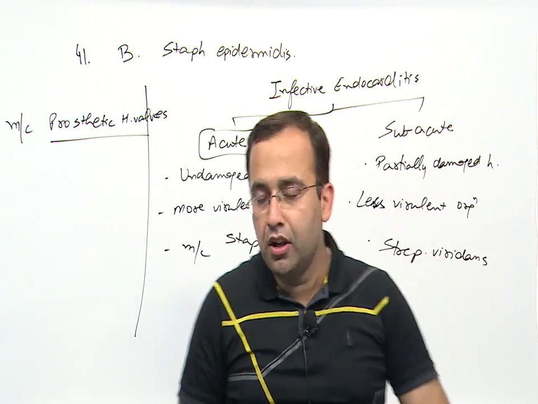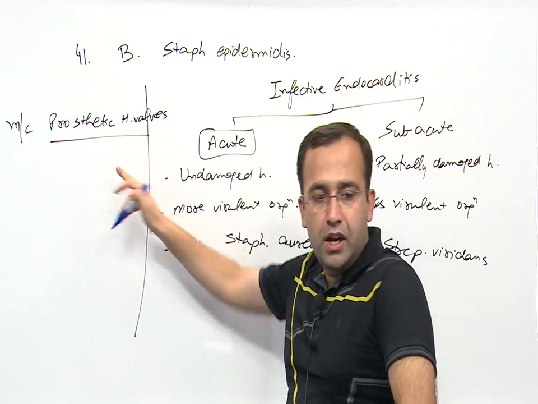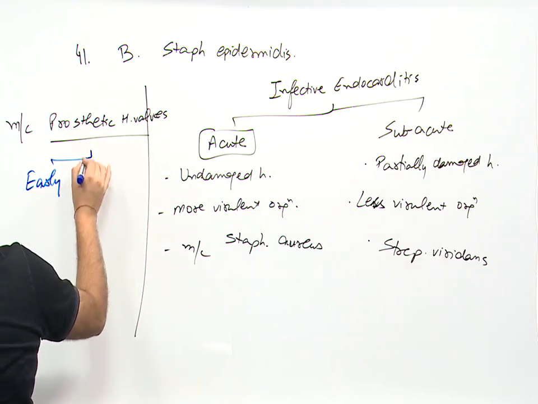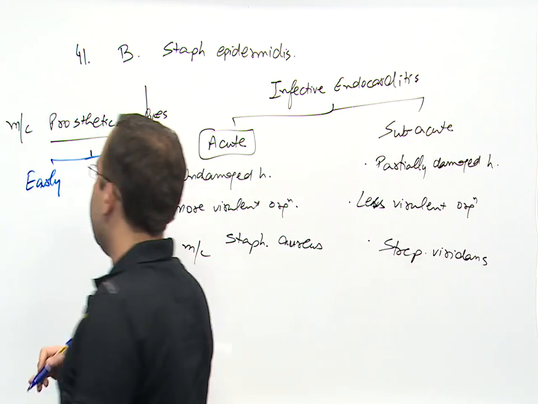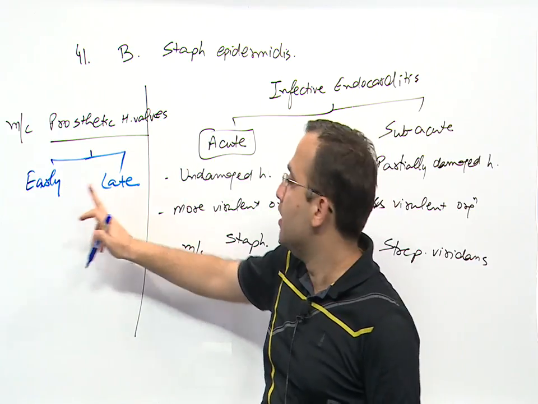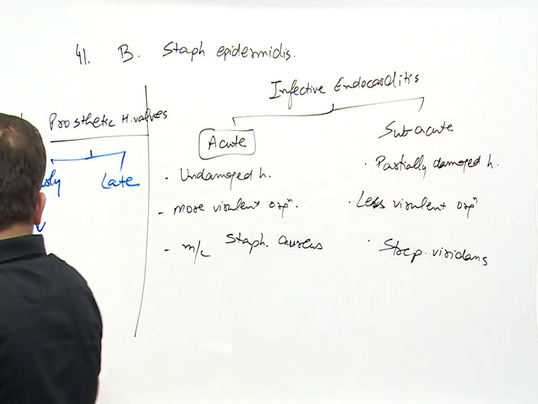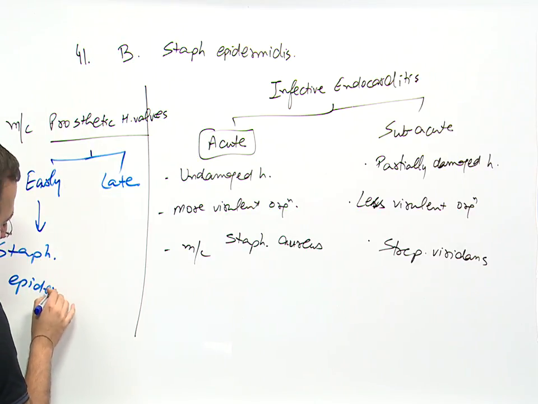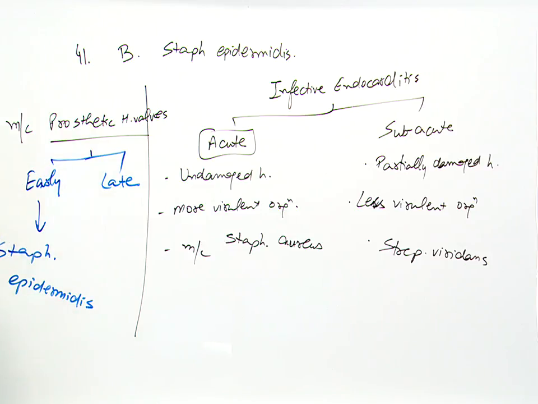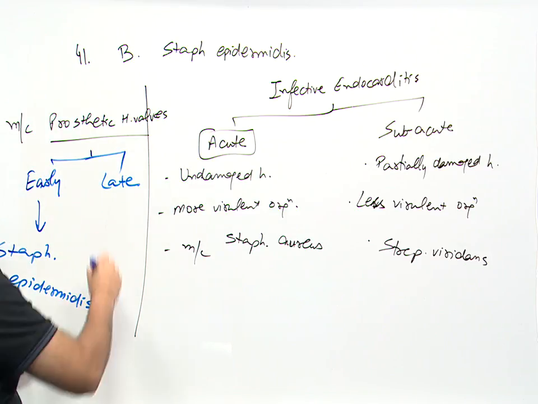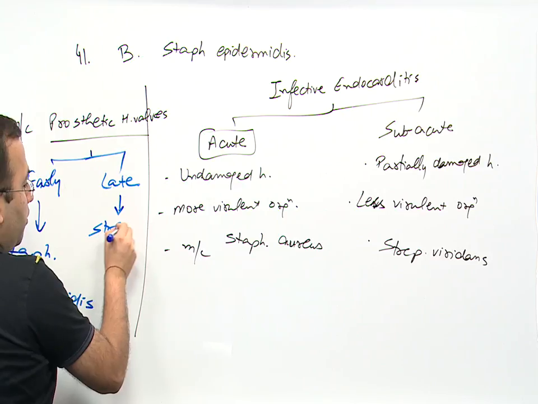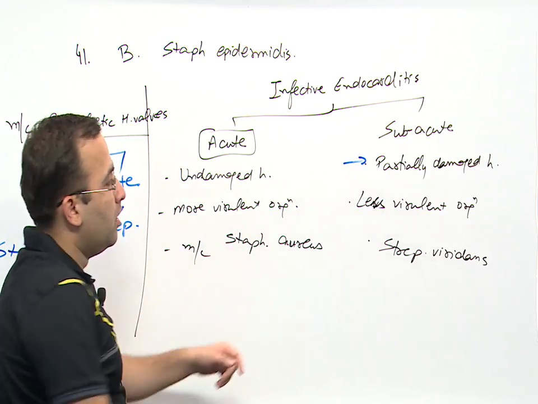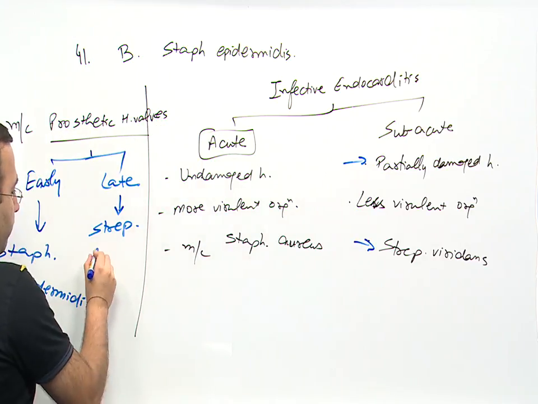I can divide prosthetic heart valves into two types: early prosthetic heart valves and late prosthetic heart valves. Most common organism after early prosthetic heart valves is Staph epidermidis, whereas after late prosthetic heart valves, this is the same as a partially damaged heart, that is Strep viridans.